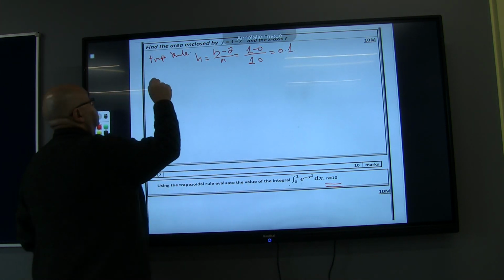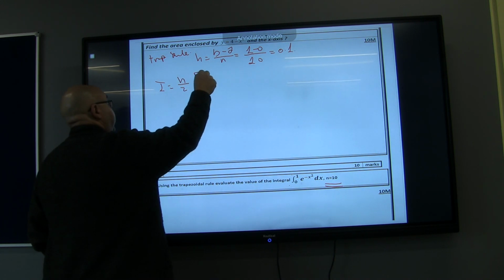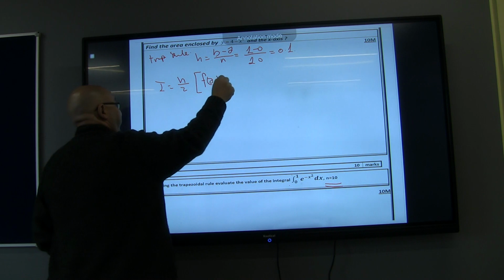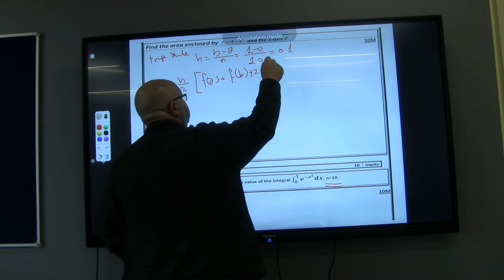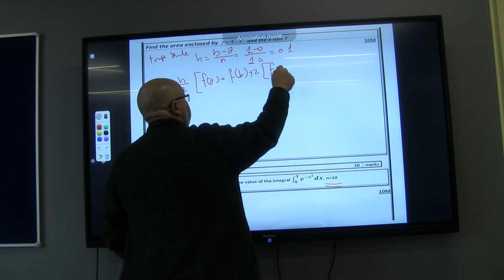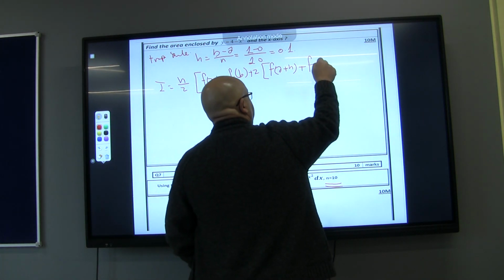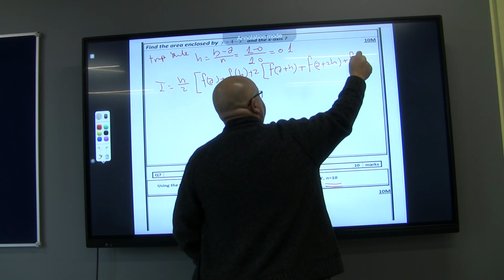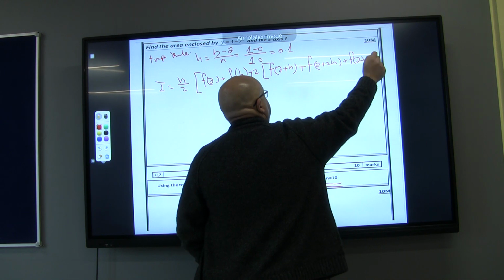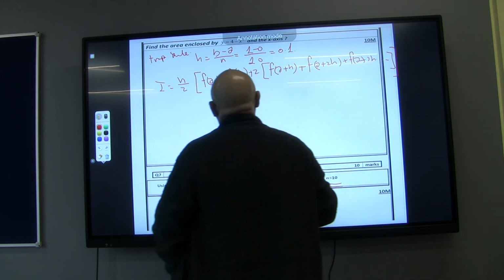Then I will write that I equals h over 2, open your bracket, f of a plus f of b plus 2 of f of a plus h, then f of a plus 2h, then f of a plus 3h, and so on, till you reach n minus 1, and you will get your value.